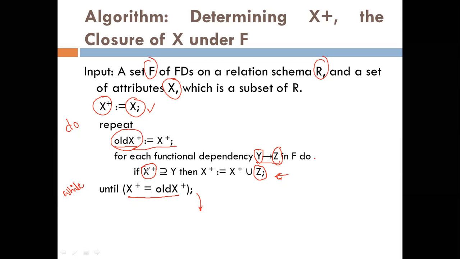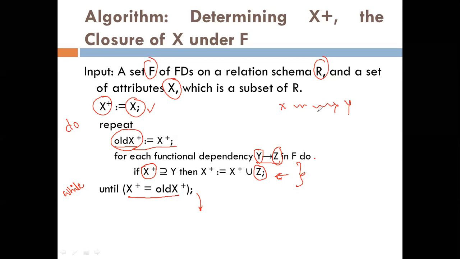If Y is a subset of X plus, then we will add Z to this. If Y is present in the closure, it indicates that from X we can determine Y, maybe in a single step or multiple steps. That is the meaning of this.